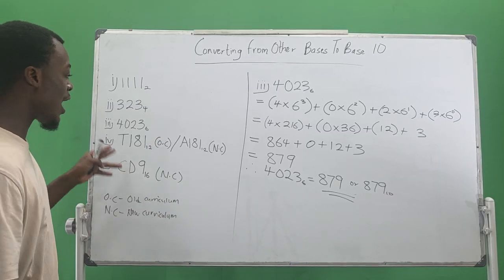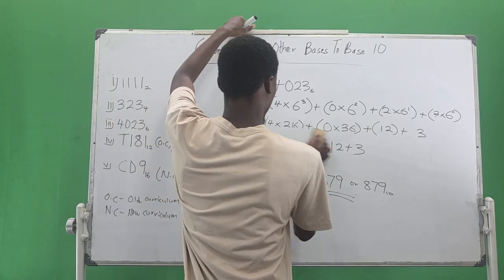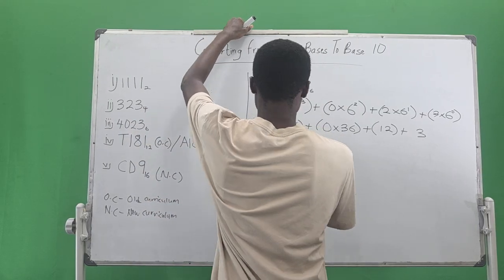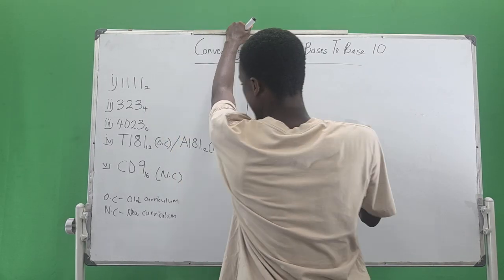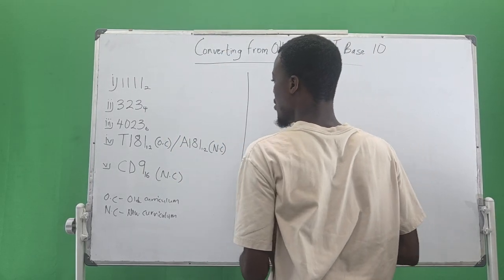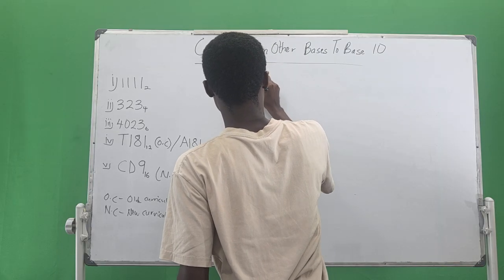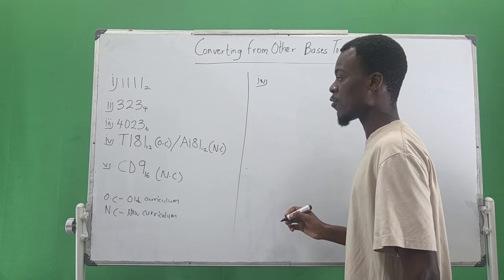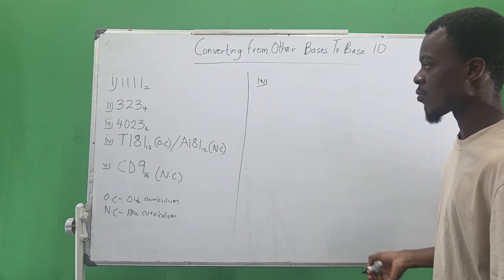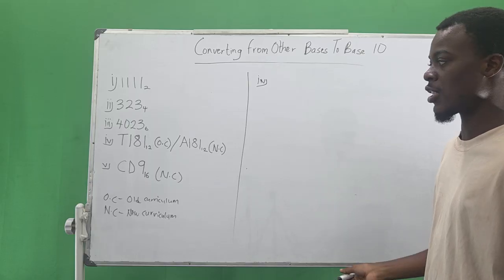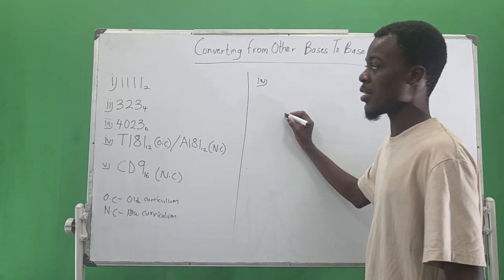So now we are coming to do base 12. I'll first solve for the old curriculum and also do for the new curriculum. It's still the same approach. I just wanted to show how it's done for you guys.